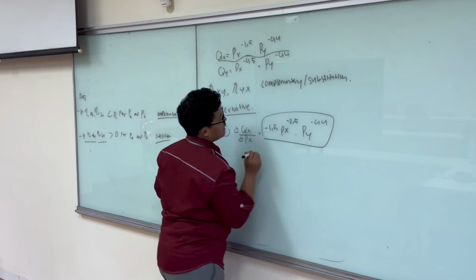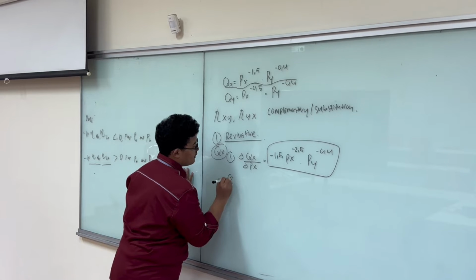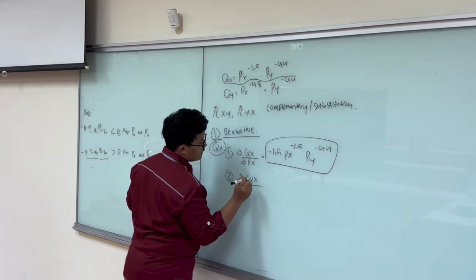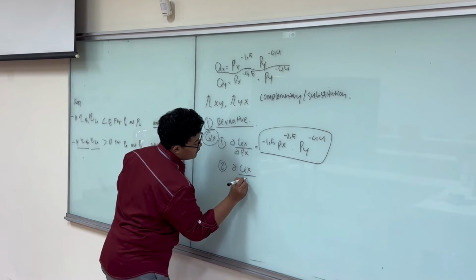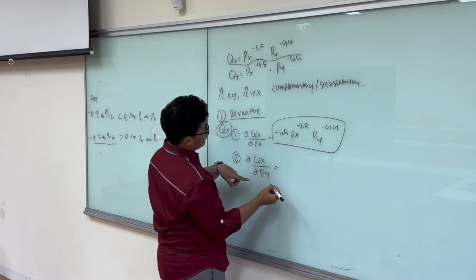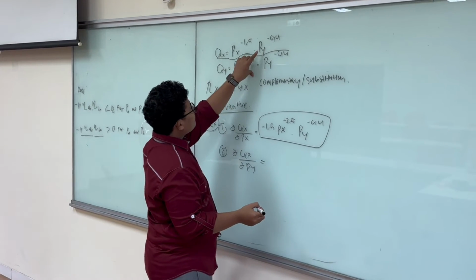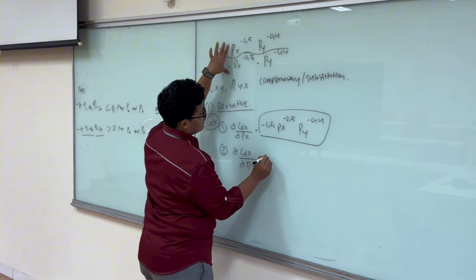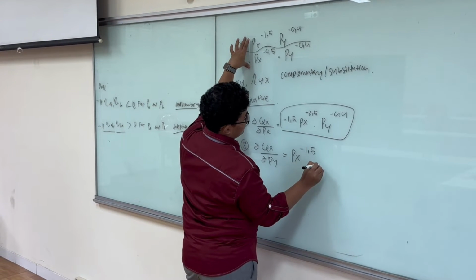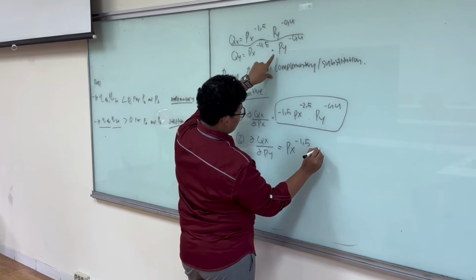Now we got the first derivative, and the second is the derivative of quantity of product X with respect to the price of Y. So we focus on the price Y, so we ignore price X. We just write it back here, times, and now we derive.